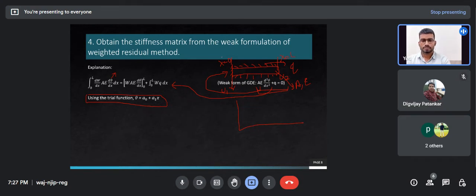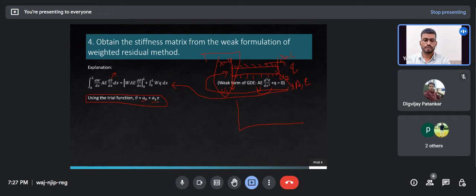So once you substitute these boundary conditions in the trial function, that is at x is equal to 0, v cap will be u1, and at x is equal to L, v cap will be u2.